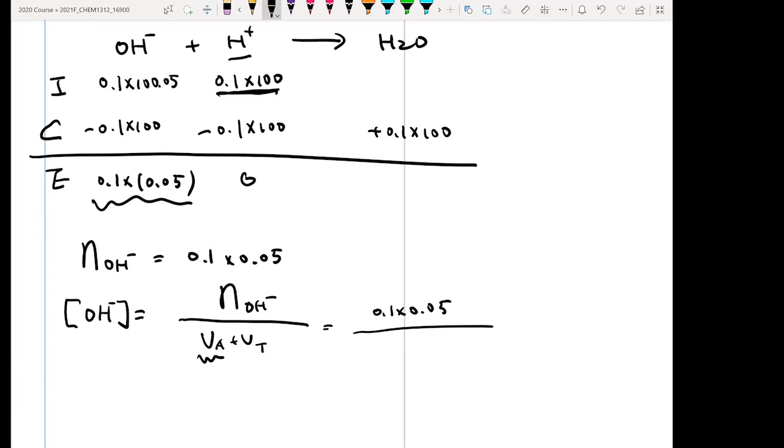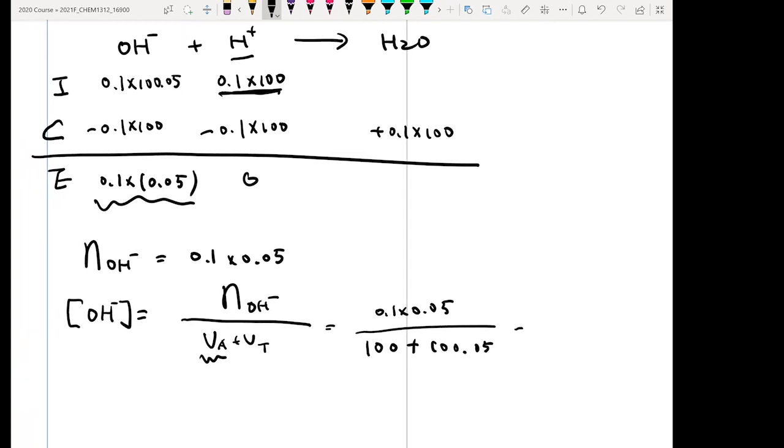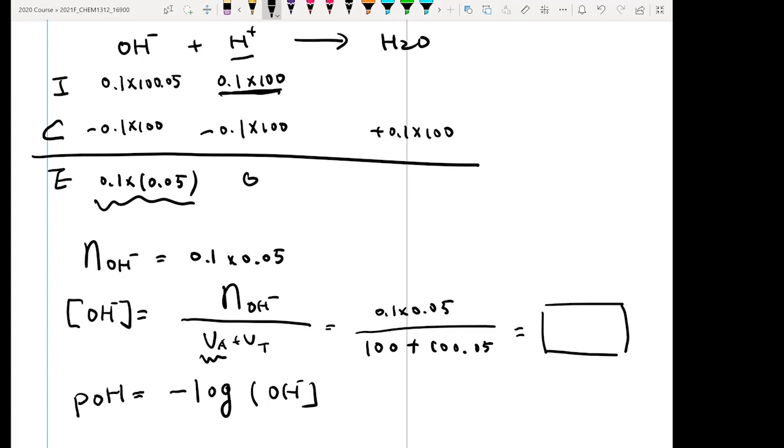The volume of your aniline is 100, and the volume of your titrant is 100.05, right? So you can calculate your OH- concentration. Then you can calculate your pOH, which is equal to the negative log of your OH- concentration.